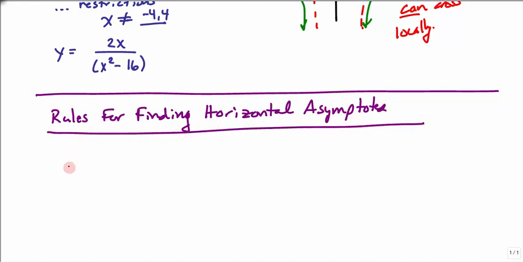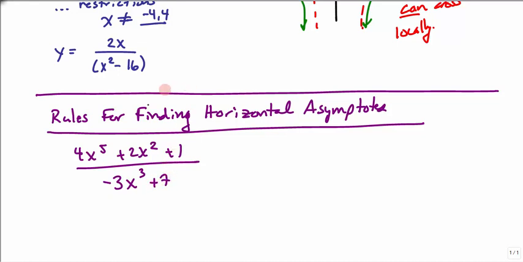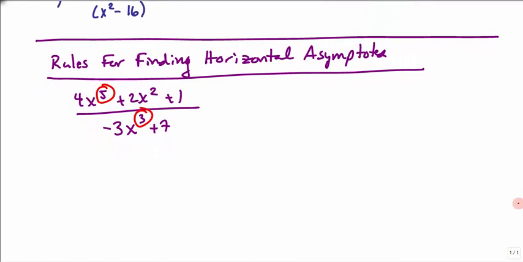If I had an expression, let's say 4x to the 5th plus 2x squared plus 1 all over negative 3x cubed plus 7, what I would want to look at are the degree in the numerator and the degree in the denominator. So the highest power in the numerator is a 5, highest power in the denominator is a 3. So that's what I'm talking about in this case, is comparing the degree in the numerator and the degree in the denominator.